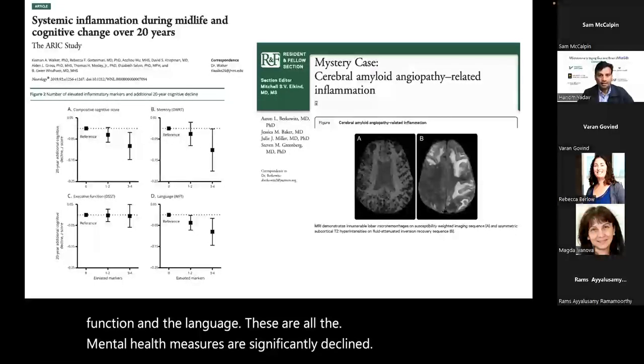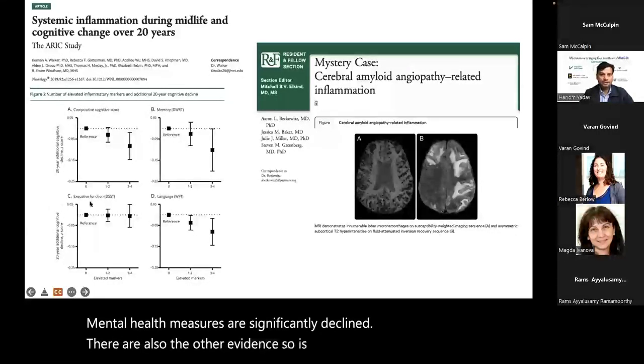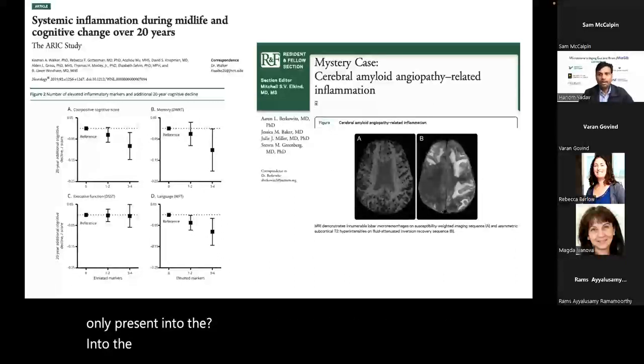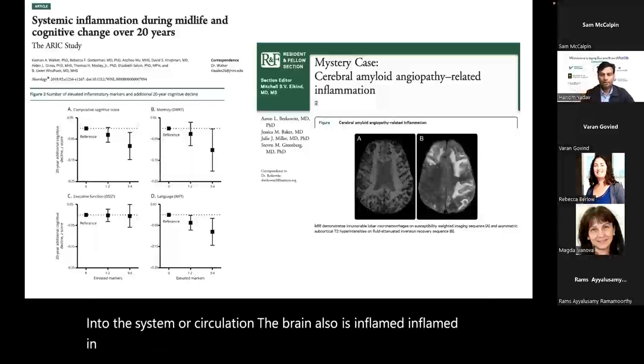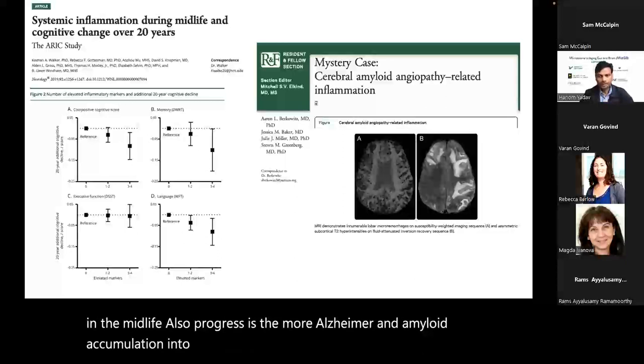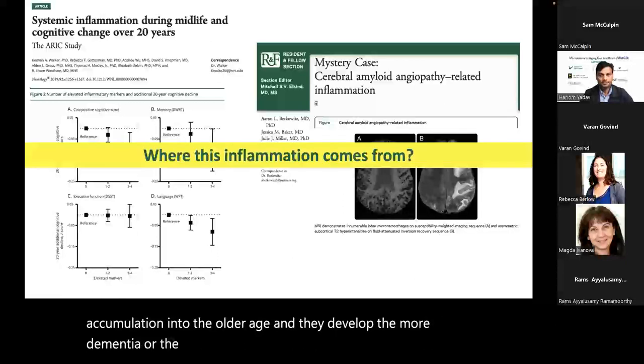There is also other evidence showing that inflammation is not only present in the system or circulation; the brain is also inflamed in midlife, which progresses to more Alzheimer's and amyloid accumulation in older age, and they develop more dementia or cognitive decline there too.